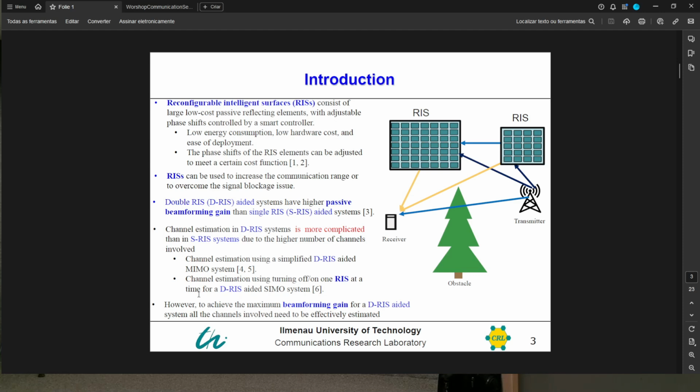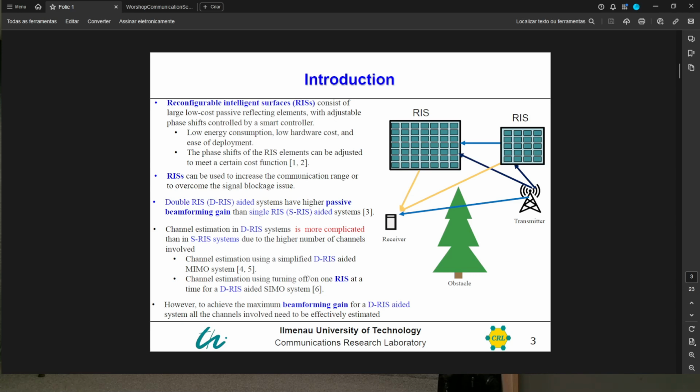We have additional channels: the double reflection link, which is the link from the transmitter via these two RIS to the receiver, and these single reflection links. In 4 and 5, the channel estimation protocol adopted tries to simplify this scenario by assuming that these single reflection links are not there.